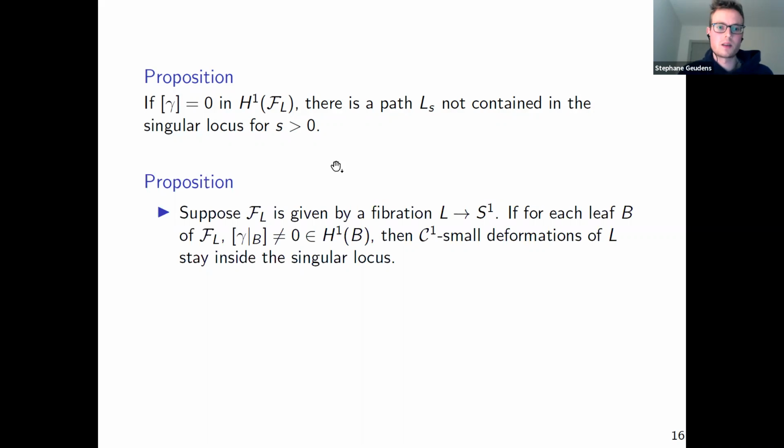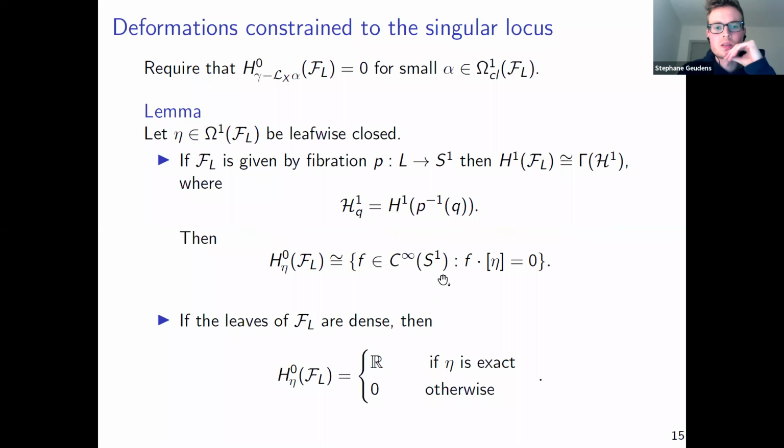And at the opposite extreme, let's first look at the fibration case. We would want that this group is 0 for small alpha.